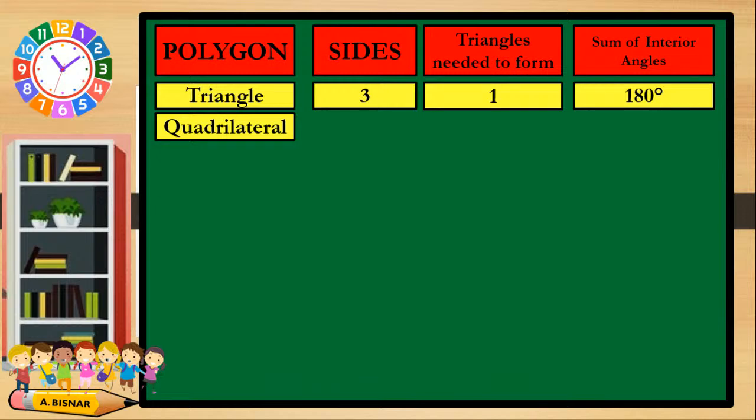Okay, type your answer. Sunod-sunod. Quadrilateral. Katulad niya, no? And then, identify the number of sides. Then, identify how many angles are needed to form a quadrilateral.